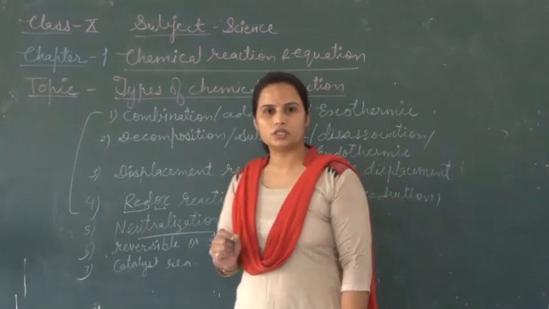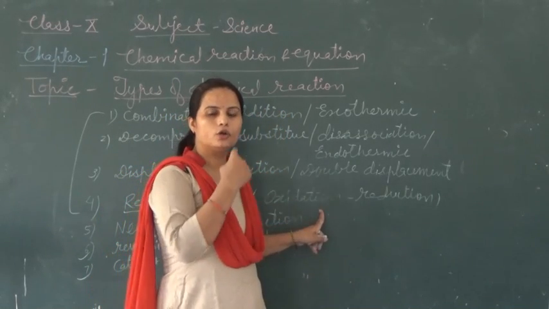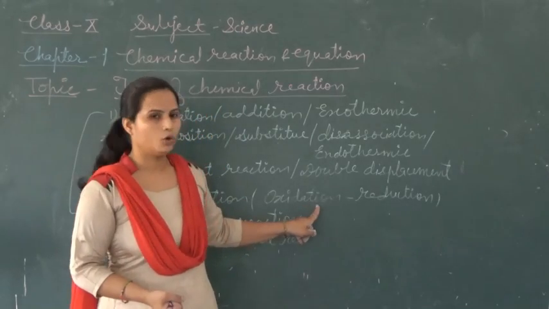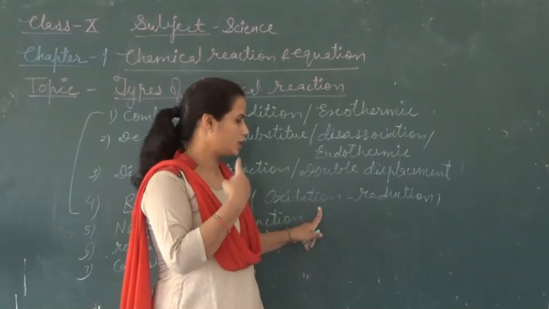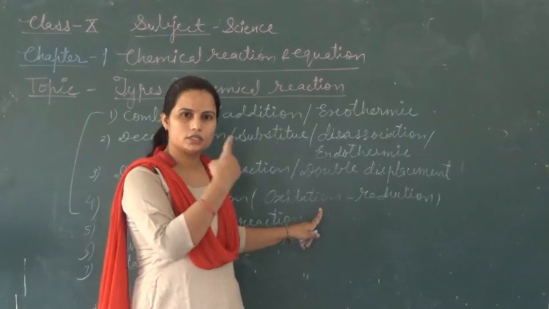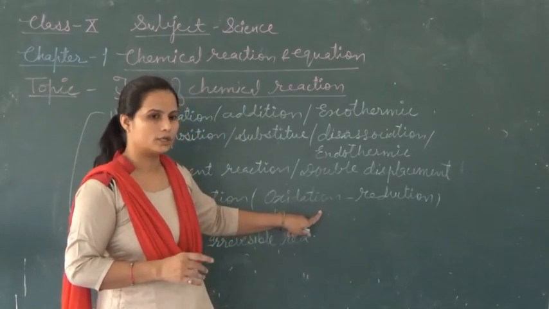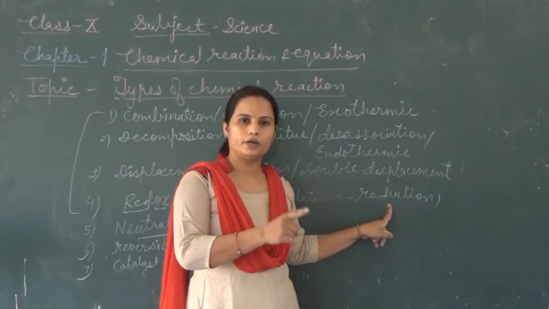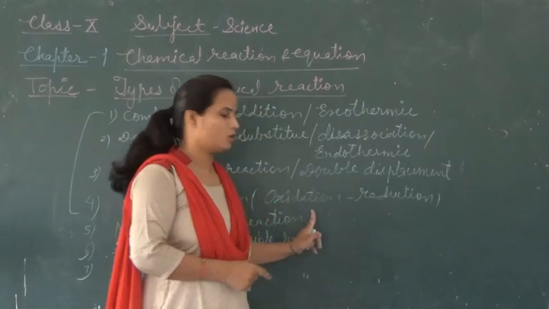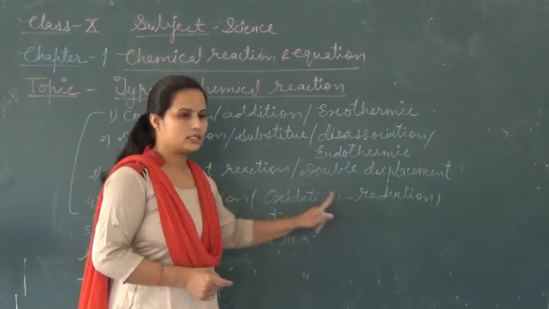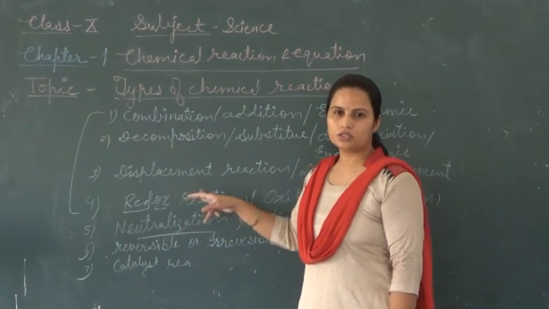Oxidation is a process in which oxygen is added, hydrogen is removed, and electrons are donated by a metal or any atom. Reduction is the addition of hydrogen, removal of oxygen, and gaining of electrons, just the opposite of oxidation. If both processes occur in a single reaction, it is called a redox reaction.